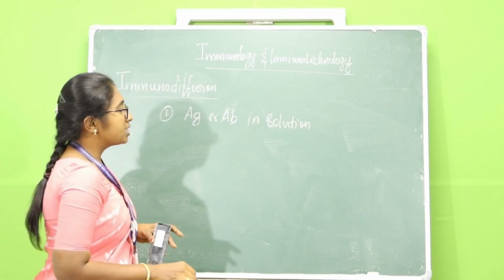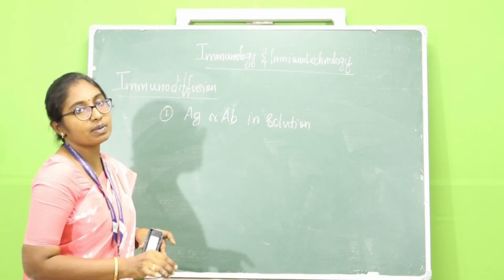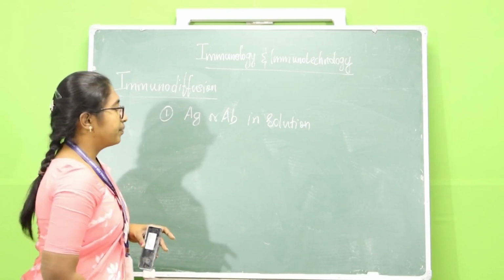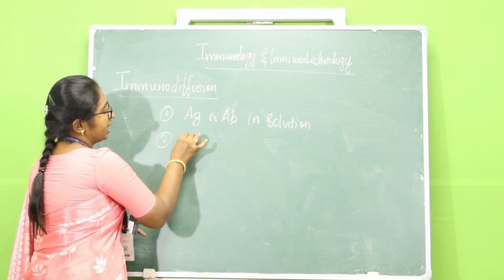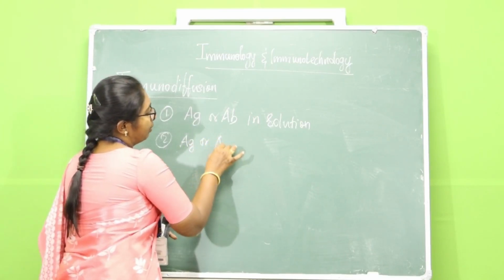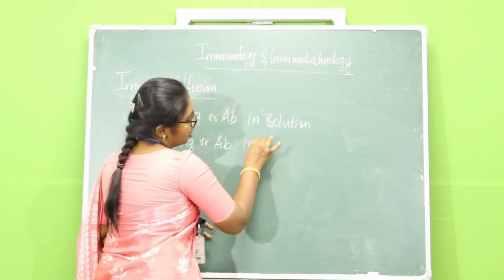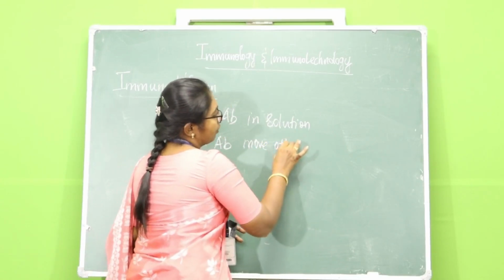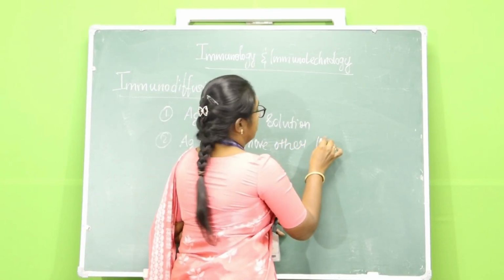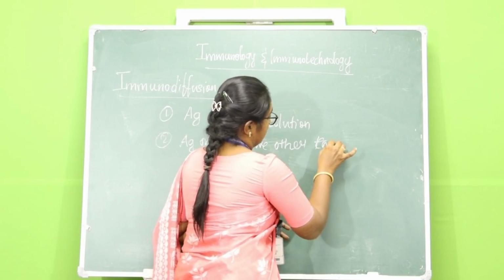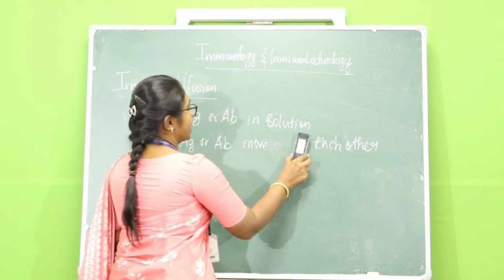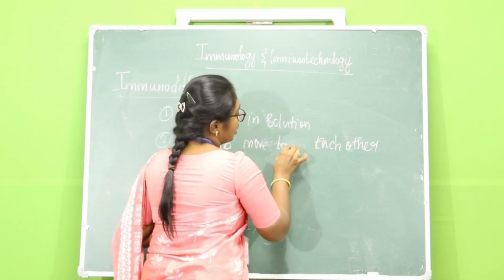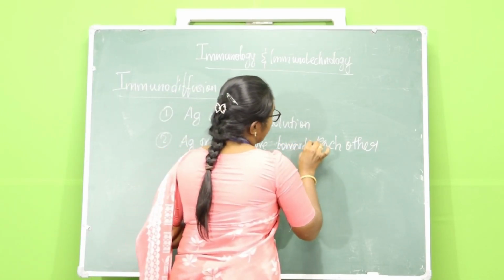In the other, either one of the antigen or antibody diffuses while the other is kept in the gel as a standard. Both the antigen and antibody move towards each other and react to form the precipitation. In either of these two ways, the precipitation will take place.